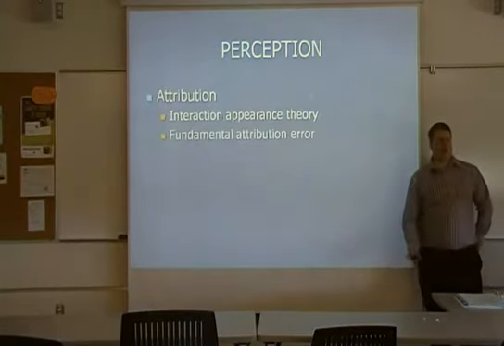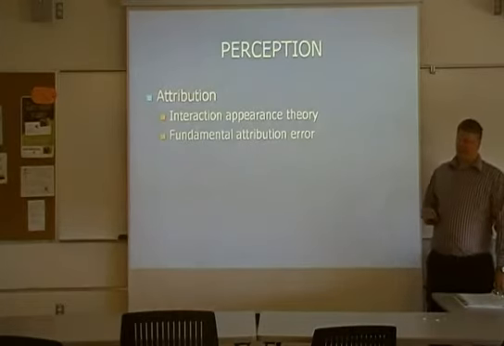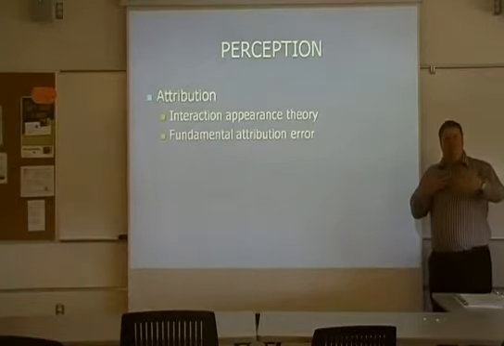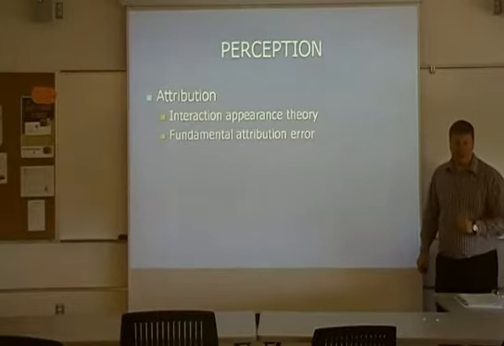This is a common error that we all need to know about, the fundamental attribution error. Essentially what the fundamental attribution error says is this: when we ourselves make mistakes, it's because of something external. And when somebody else makes a mistake, it's because of something internal.